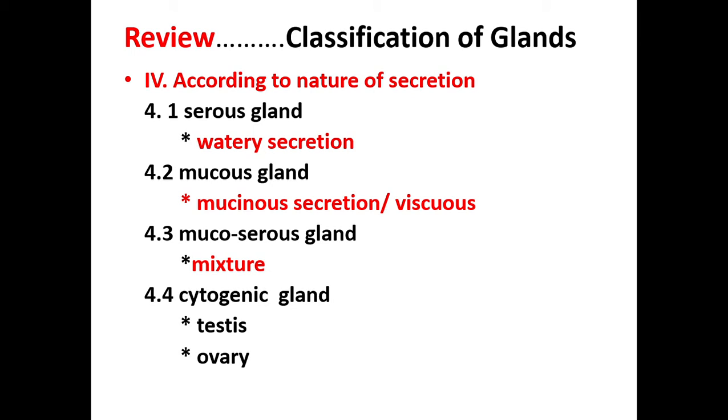Mucous: mucinous or viscous secretion. Mucoserous: a mixture of mucus and watery secretion. And we have the cytogenic gland, a gland that produces cells. So we have the testes, with the sperm cells, and the ovary, with the egg cell or the oocyte.